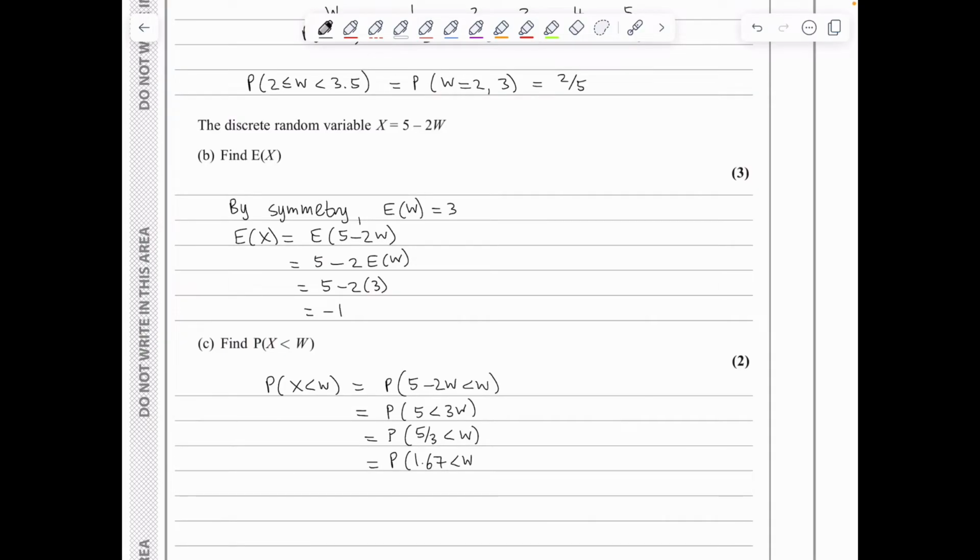So we want the probability of W being greater than 1.67. This simply means that W could be 2, 3, 4, or 5. We've got 4 possible values out of a total of 5 values, all with the same probability. So this is simply 4 over 5.